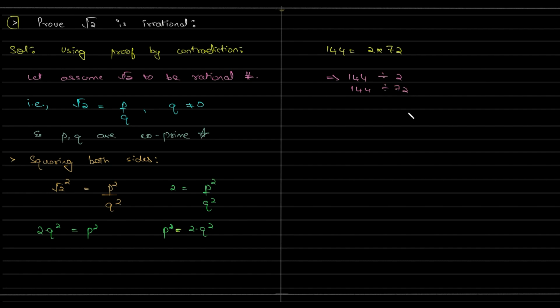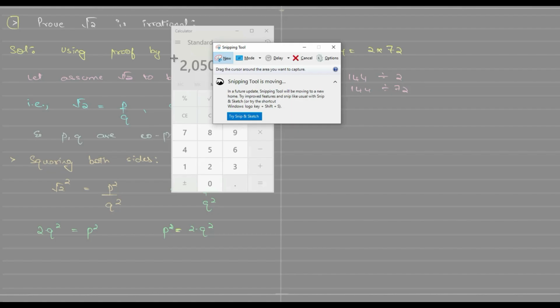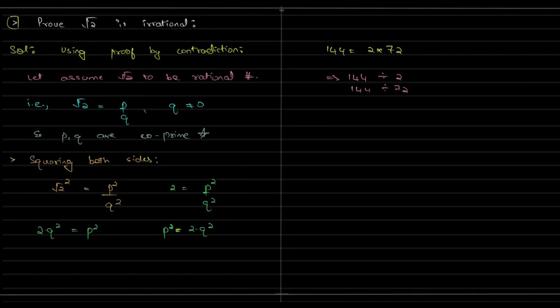We can take some weird number. Into 45. Okay, this particular number is a product of 45 into whatever I typed.